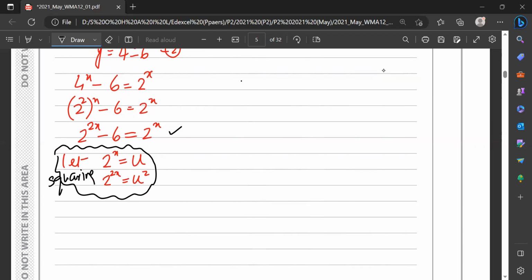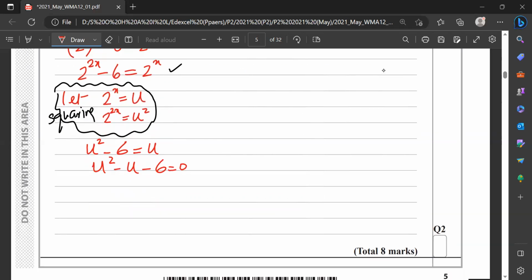So the above equation can be written in terms of u: 2 power 2x is u squared, so u squared minus 6 is equal to u. So u squared minus u minus 6 is equal to 0.